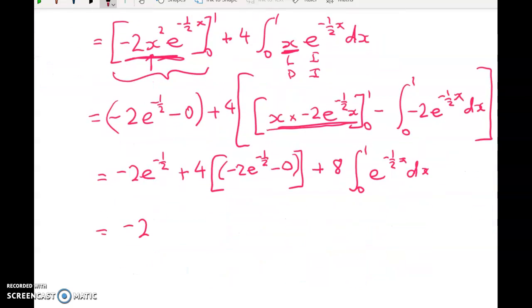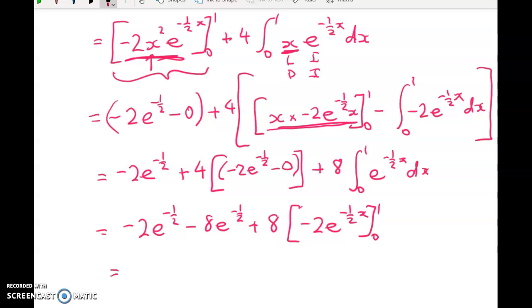That gives me negative 2 e to the negative a half minus 8 e to the negative a half plus 8 times this last integral, negative 2 e to the negative a half x. And we've been so lucky with getting rid of that lower limit that we have to make sure we don't muck this one up at the very end.